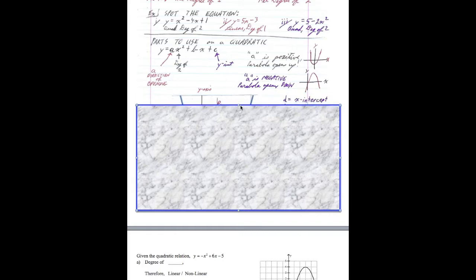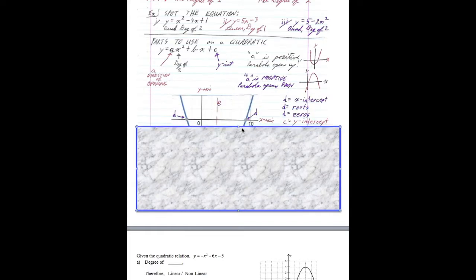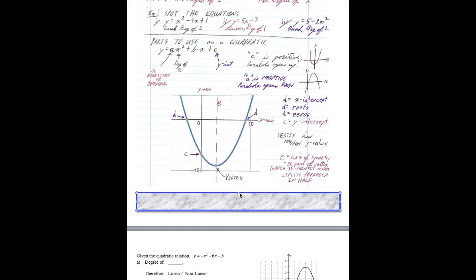Degree of 2 tells me parabola. Y-intercept is where it crosses the y-axis. All right, so what I did was I came up with a very generic looking parabola. Vertex is the optimum location. This is why parabolas are important. When it's opening up, this gives us its lowest point.